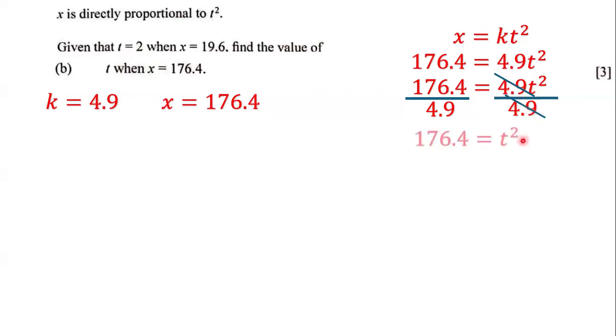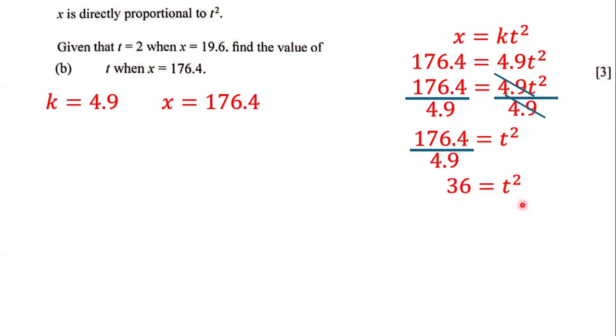And so we are left with t squared is equal to 176.4 divided by 4.9. And when we divide these two, we get 36. And so we have that 36 is equal to t squared.